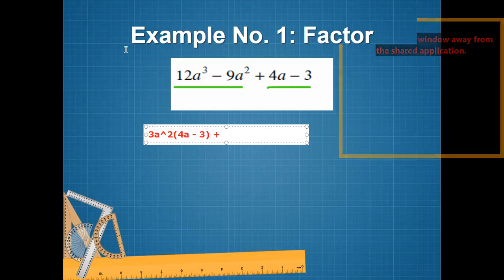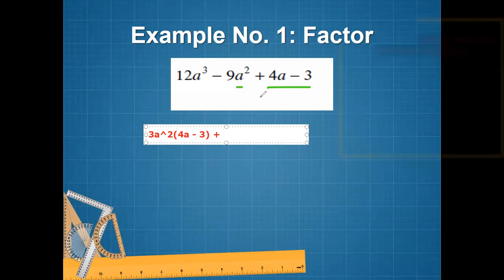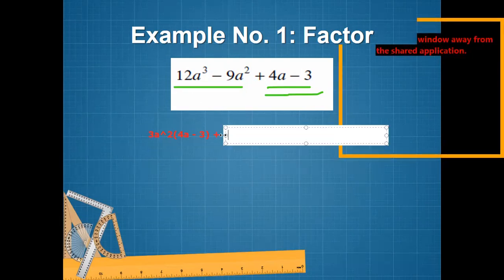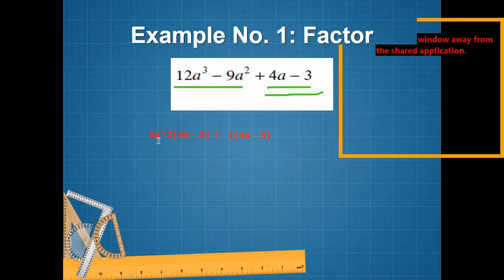Plus, in this case, our second group, 4a minus 3, we cannot factor it out, but we can factor it by 1 and the number itself. So this will become plus 1 multiplied by 4a minus 3. So we have factored out the common factors.